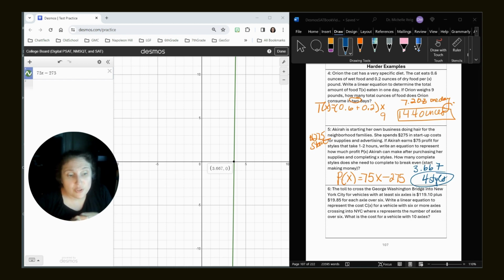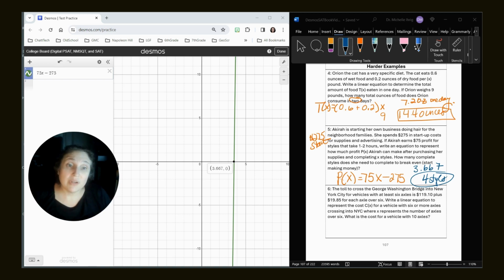The toll to cross the George Washington Bridge into New York City for vehicles with at least 6 axles is $119.10 plus $19.85 for each axle over 6. And that's true, I looked it up. Write a linear equation to represent the cost C of x for a vehicle with 6 or more axles crossing into New York City, where x represents the number of axles over 6.